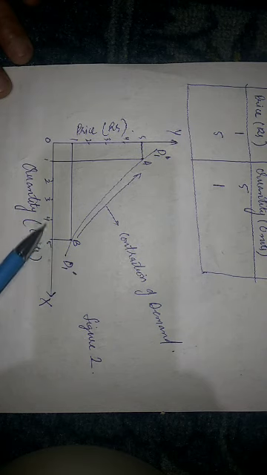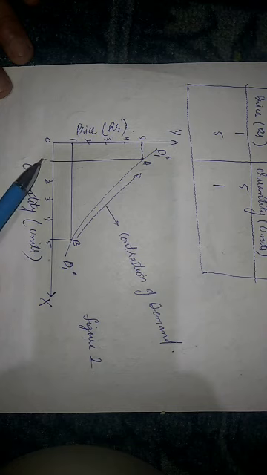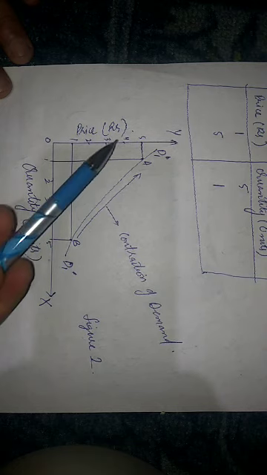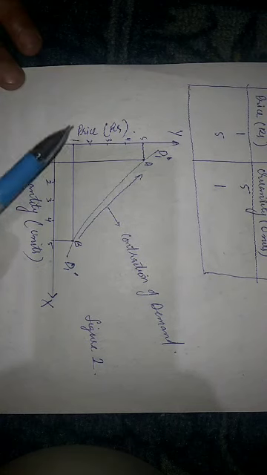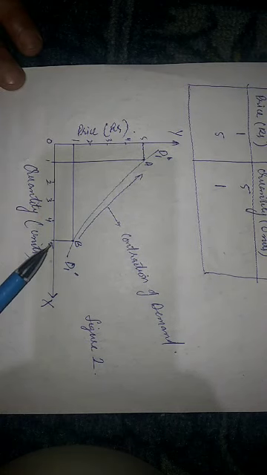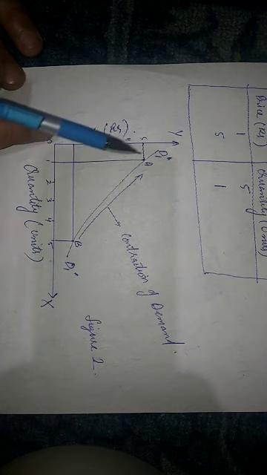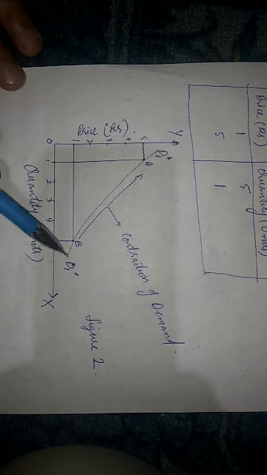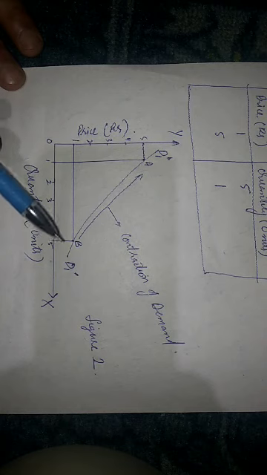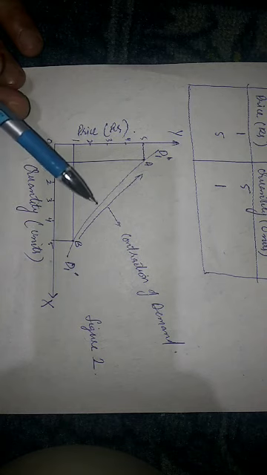The demand decreases from 5 units to 1 unit. So we can say here, like extension of demand, contraction of demand is also indicated on the demand curve, like D1.